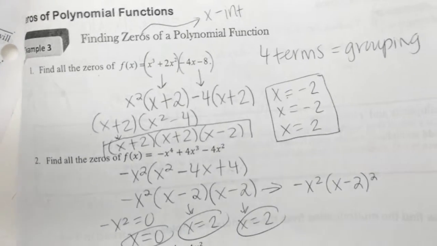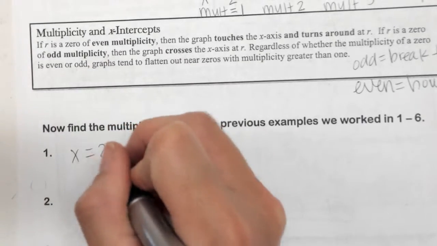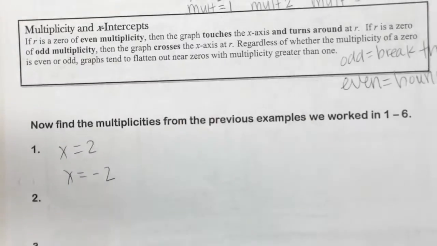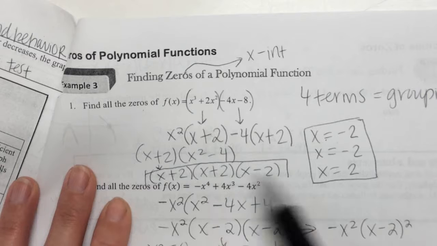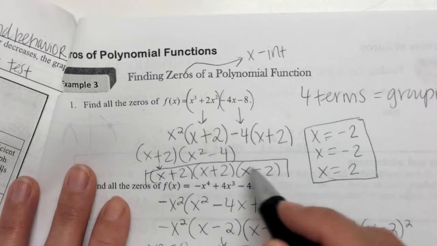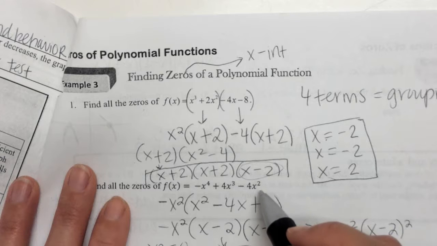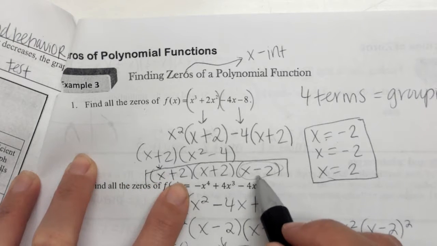So for example, our answers for this first one is negative 2 and 2. So x equals 2 and x equals negative 2. The multiplicity of x equals 2 is just 1, because we set this one equal to 0. So basically you only see x minus 2 in here once.